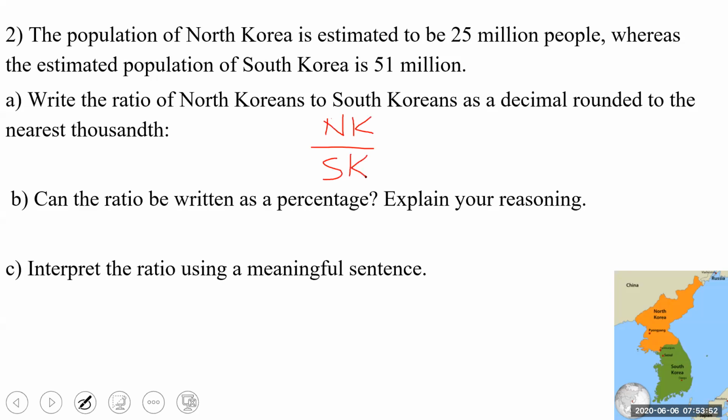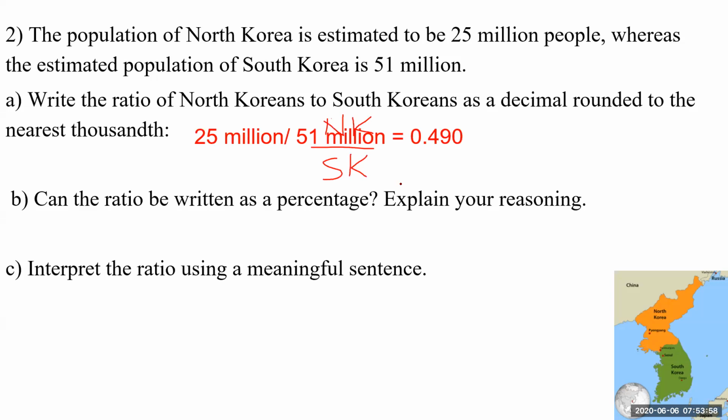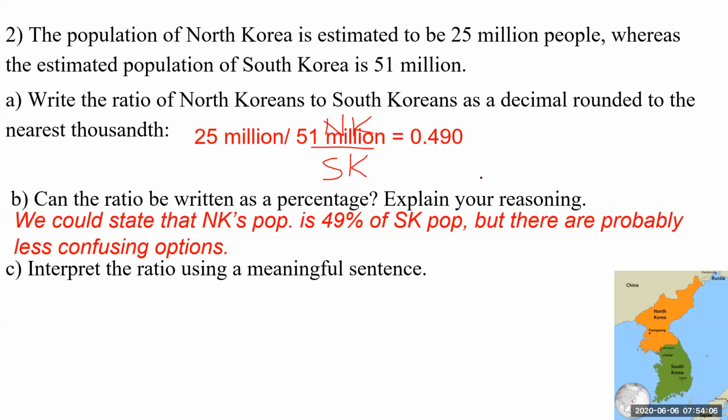So you do 25 million over 51 million, and that gives you 0.490. Now, can the ratio be written as a percent? We could state that NK's population is 49% of South Korea's population, right? But there are probably less confusing options.